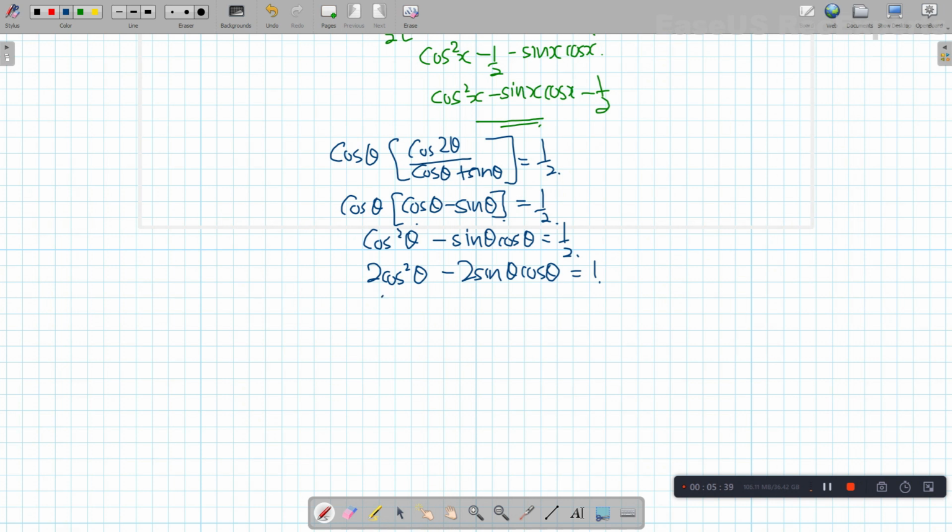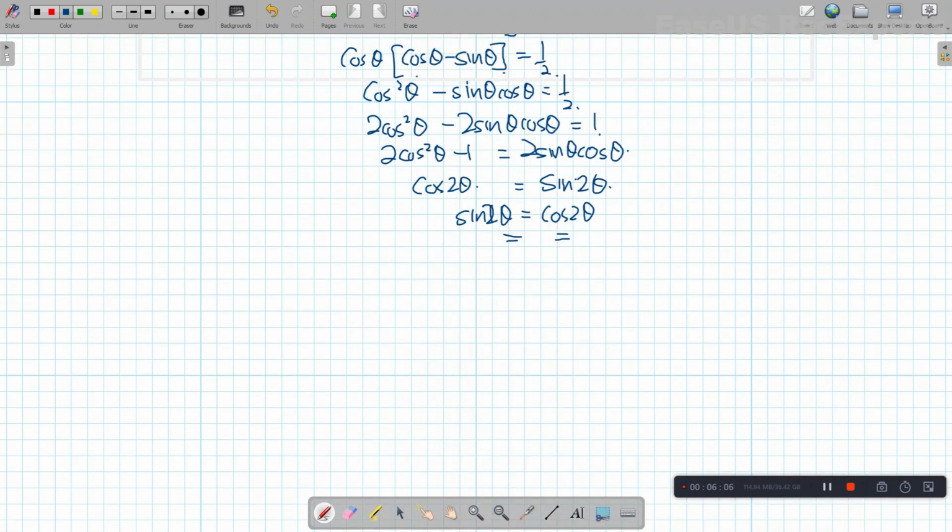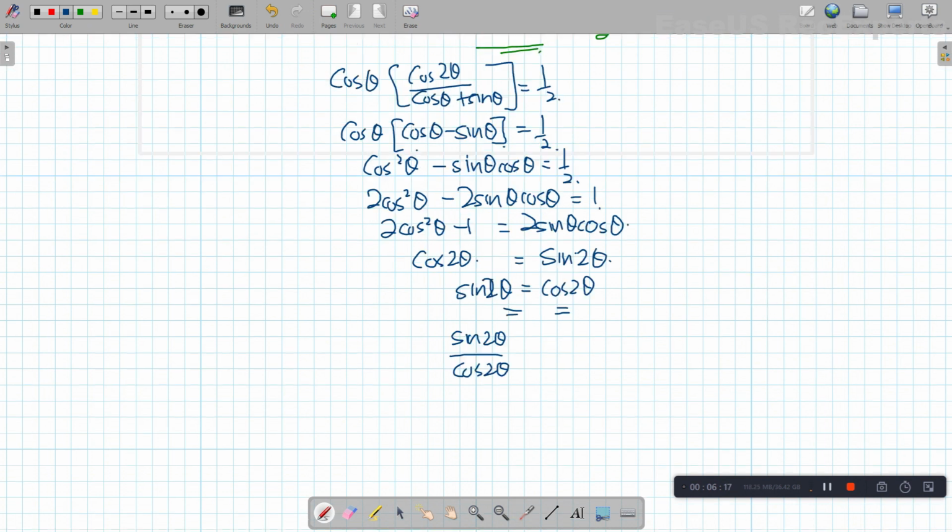So bring the 1 inside: 2cos²theta - 1 equals 2 sin theta cos theta, which is sin 2 theta, and this is cos 2 theta, or swap that around. You still get sin 2 theta equals cos 2 theta. That's what the question wants. Now this one we can change to sine over cos, so sin 2 theta divided by cos 2 theta. That's the next part.